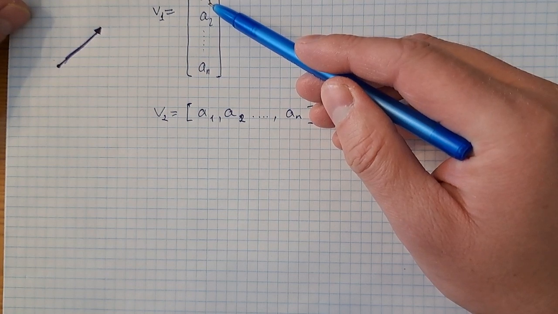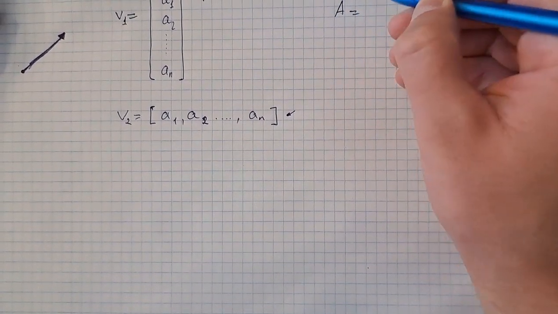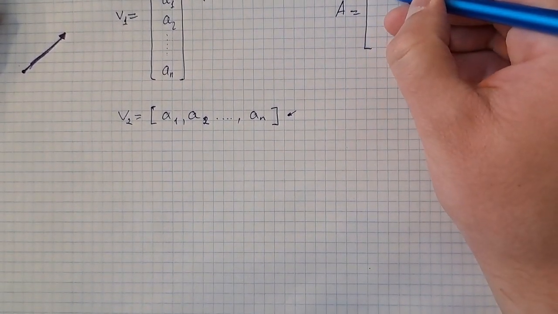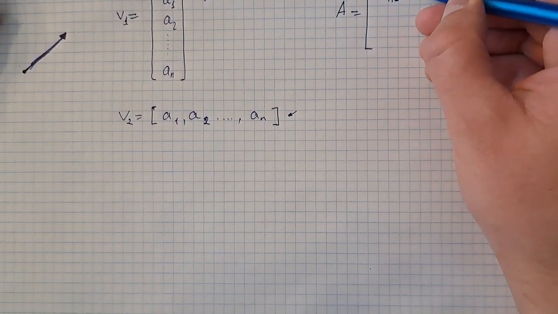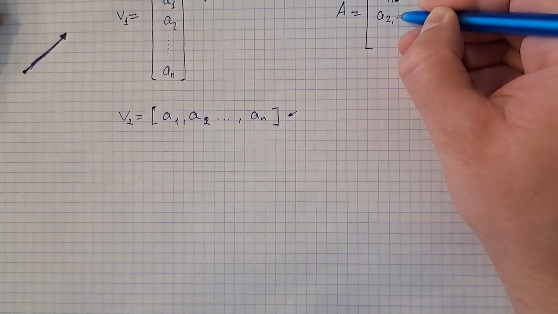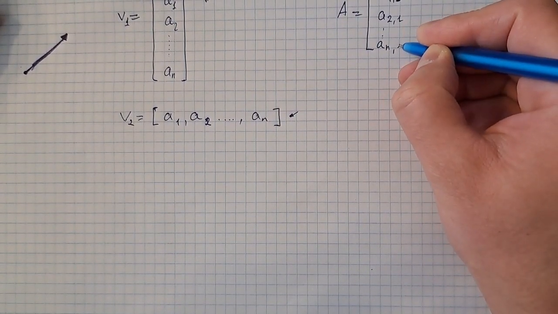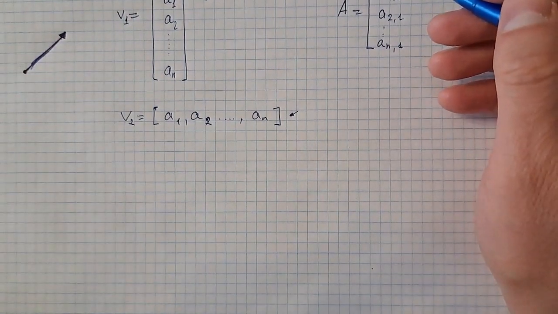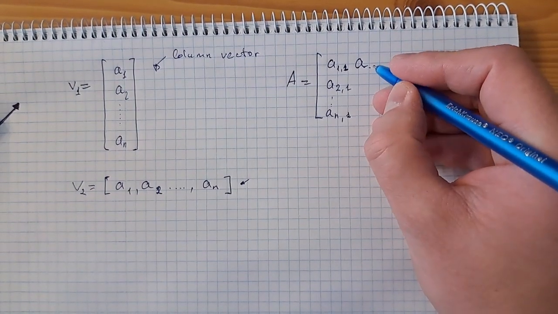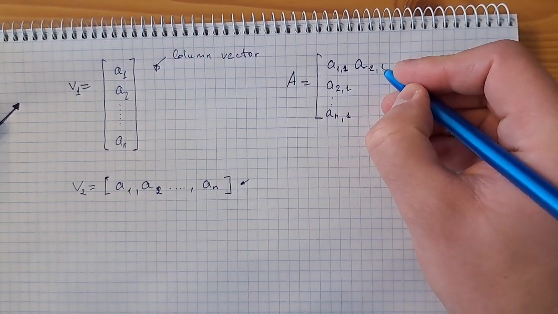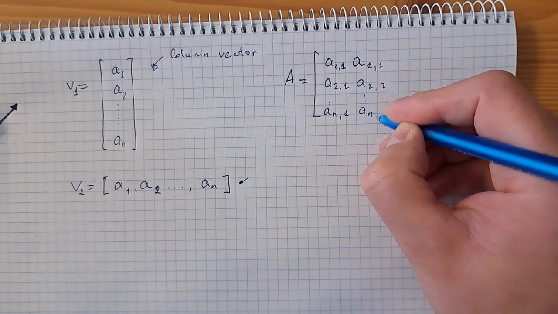If we say a matrix, like matrix A, it could be something like this: A1,1, A1,2, and so on, then continuing with A2,1, A2,2, and An,2.